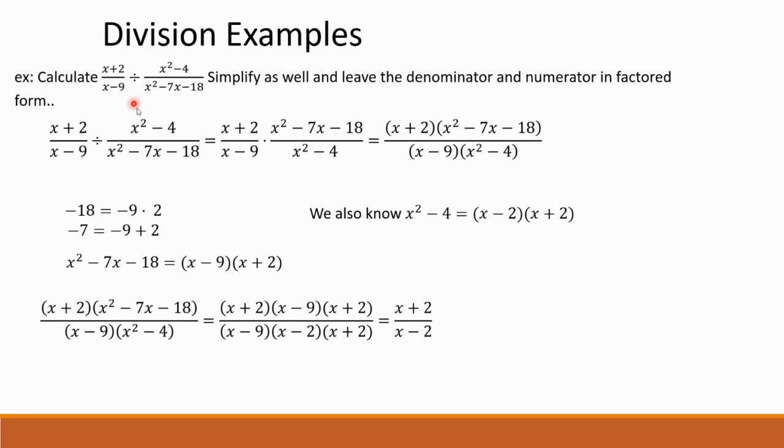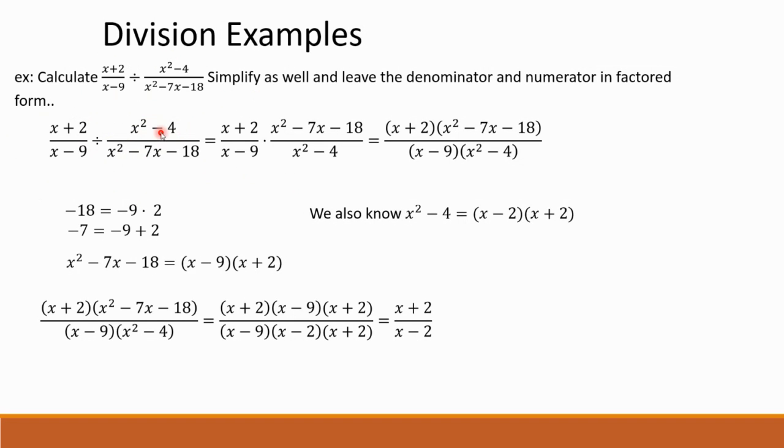So here's this example with dividing, as you can see. So how do we divide? Remember, we have to take the reciprocal of the second expression, the second fraction, that is.